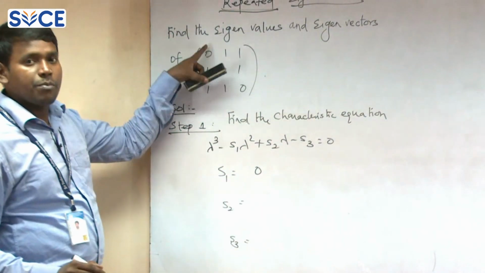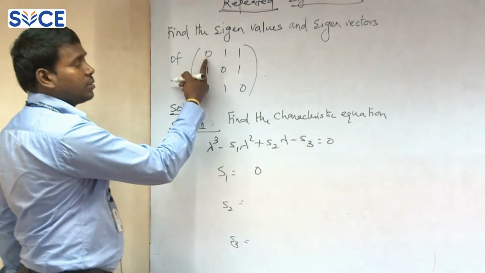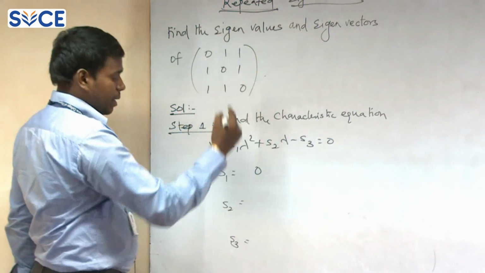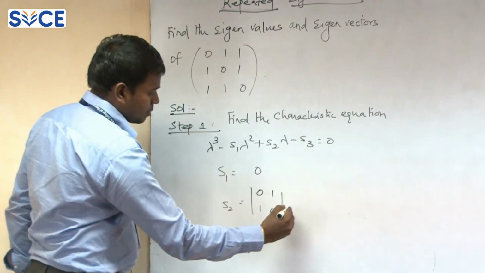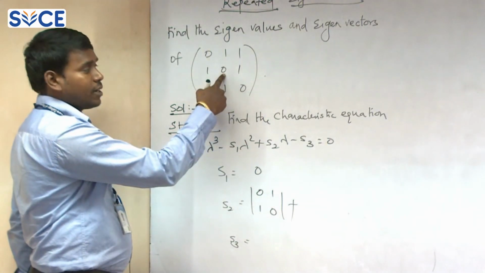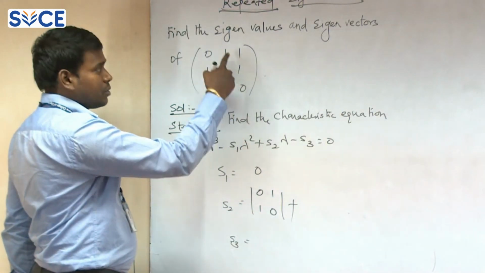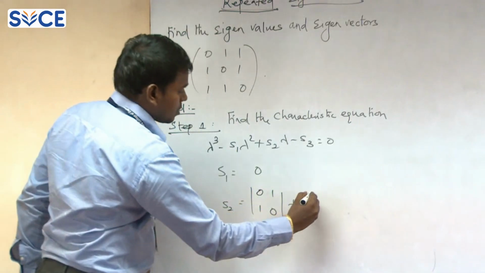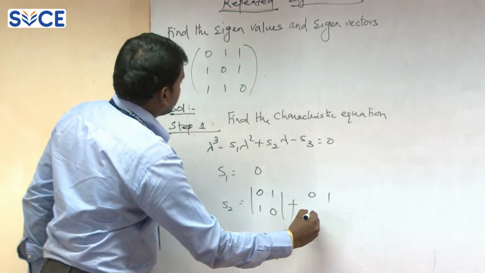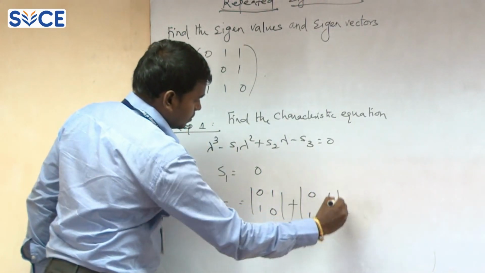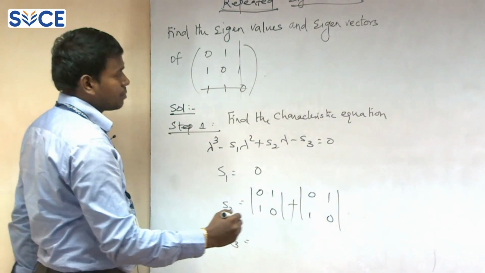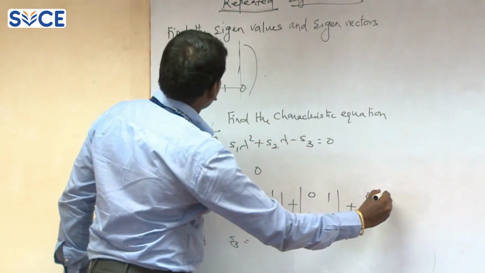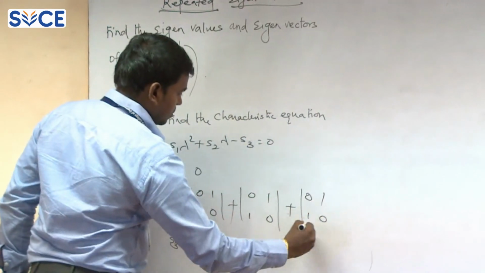S2 is the sum of minors of the main diagonal. The first main diagonal element is 0, so the minor elements are 0, 1, 1, 0, plus the second main diagonal 0. Omit the corresponding row and column. So 0, 1, 1, 0, and the last one 0, omit the corresponding row and column, so plus 0, 1, 1, 0.